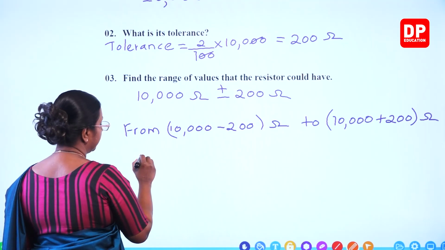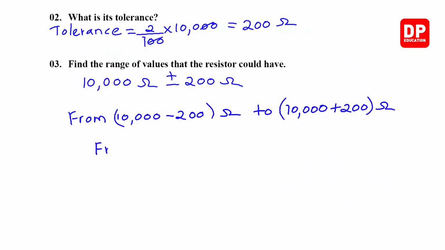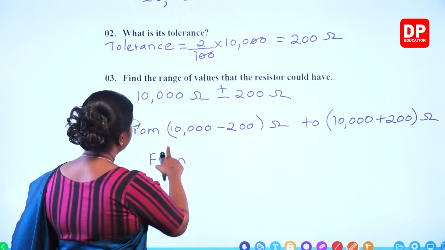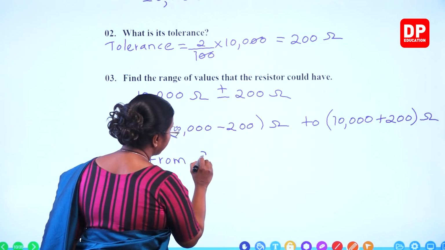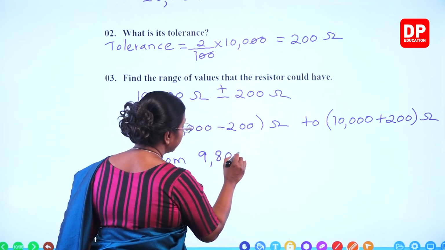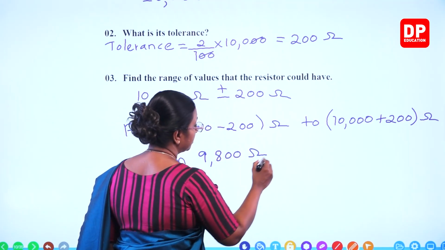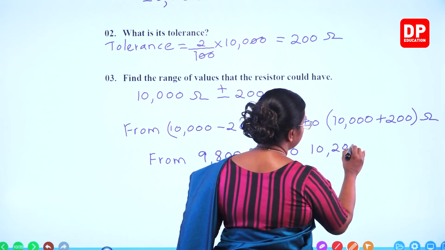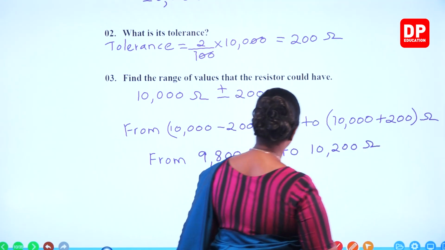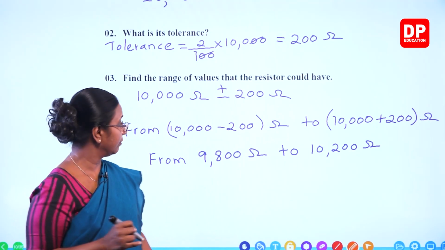So that will be from, so when you subtract 200 from 10,000, that is going to be 9,800 ohms to 10,200 ohms. That is going to be the value.